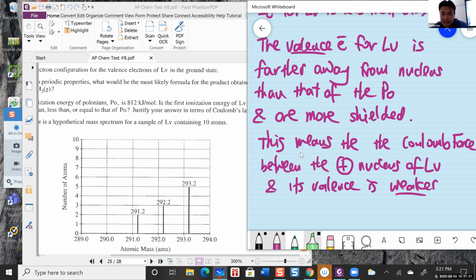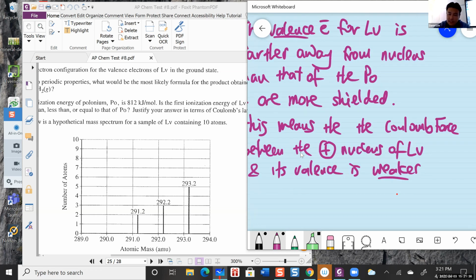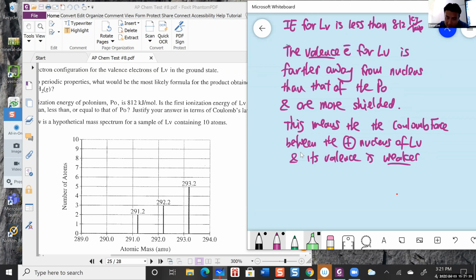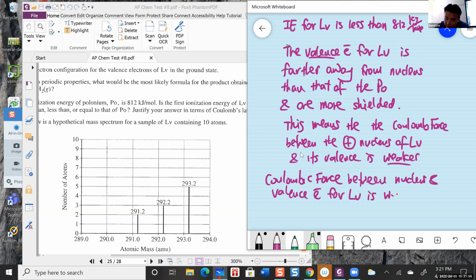So you can say that the Coulomb's force between the nucleus and valence electron for LV is weaker than that of PO, because LV valence electrons are further and more shielded.